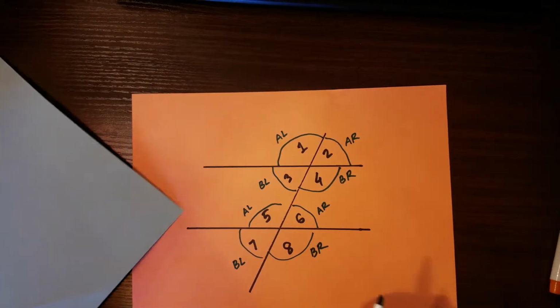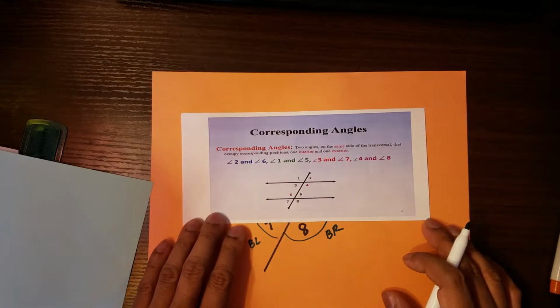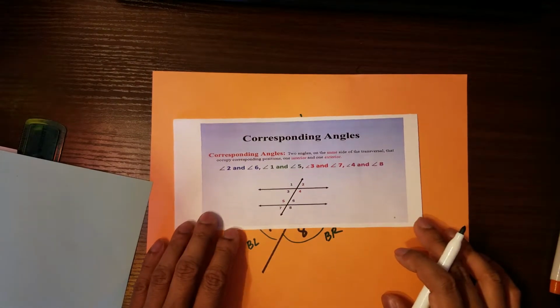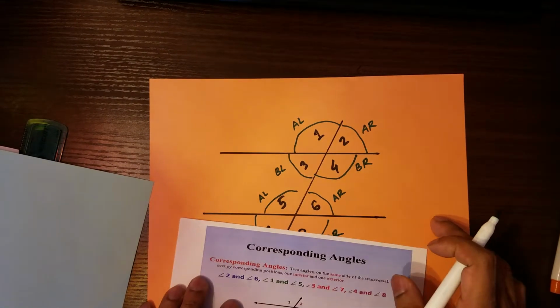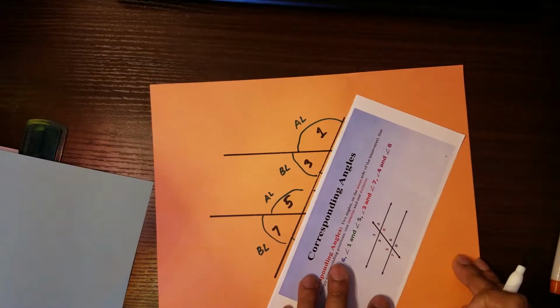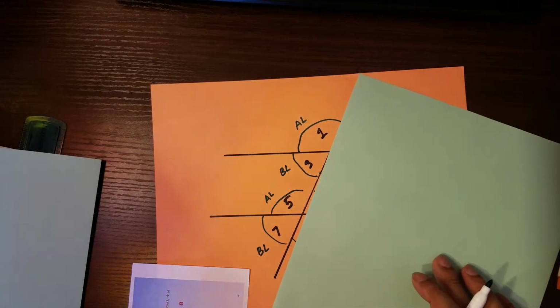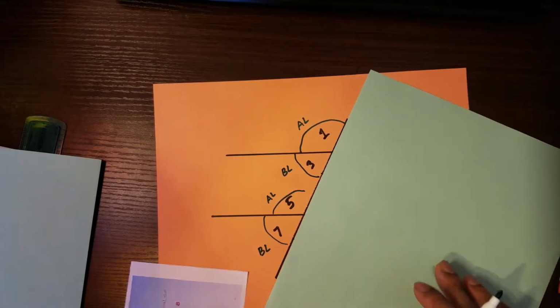So now let's look at the definition of corresponding angles. Two angles on the same side of the transversal. Same side, so forget about the other four. Let's cover them so we have these 4 angles.